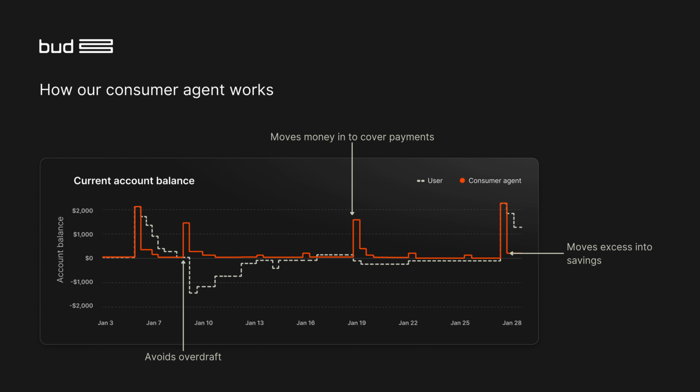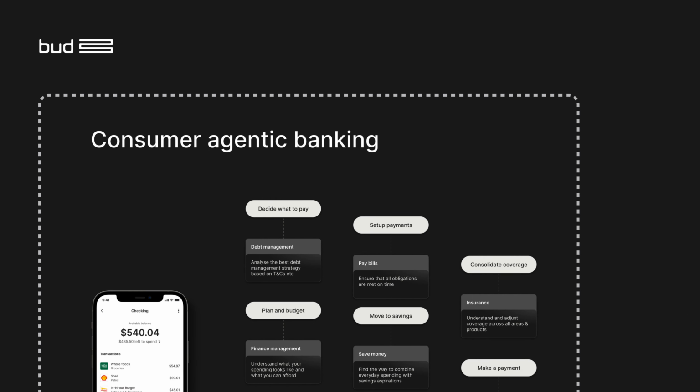At present, its action space consists of being able to move money between two accounts to ensure you can pay bills and have normal spending patterns while avoiding overdrafts, pull you out of overdrafts before being subject to fees, and all the while maximising your returns with higher interest rate accounts.